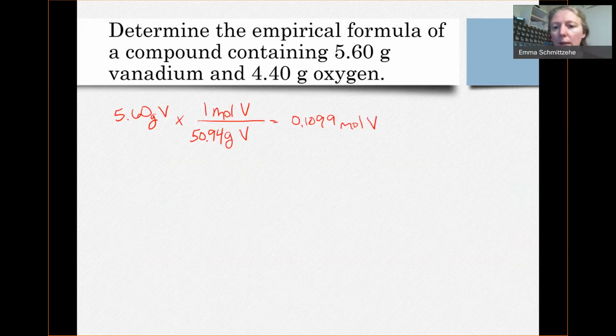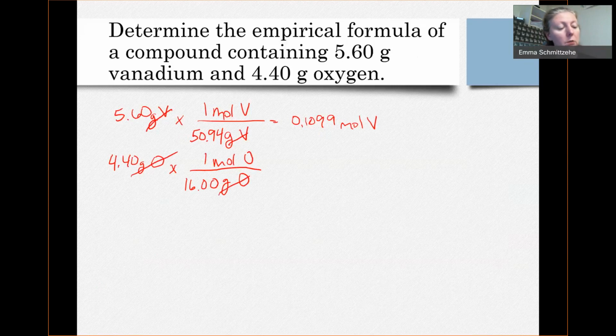Okay, and then 4.40 grams of oxygen. I want to convert the grams to moles. Okay, so I look at the periodic table, and it's 16.00 grams for every 1 mole of oxygen. Okay, so my grams of vanadium canceled there, my grams of oxygen is going to cancel. 4.4 divided by 16.00, and that gives me 0.275, and it happens to be that exactly.